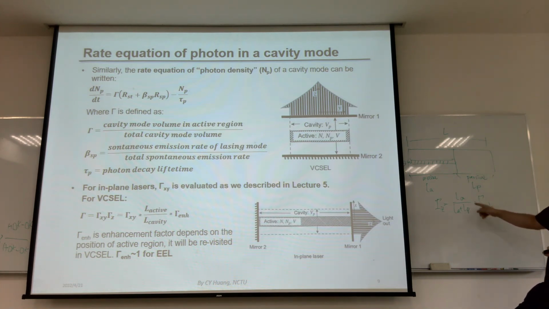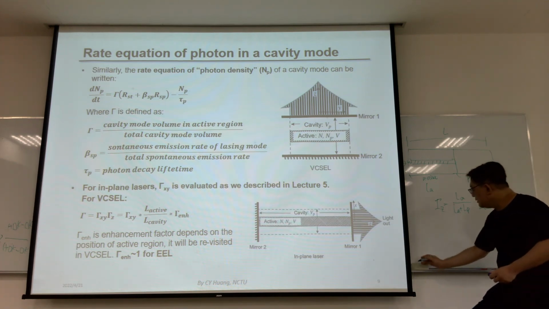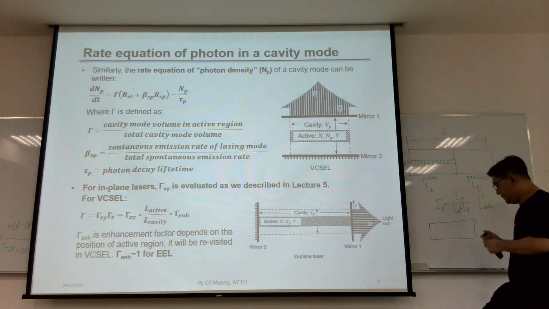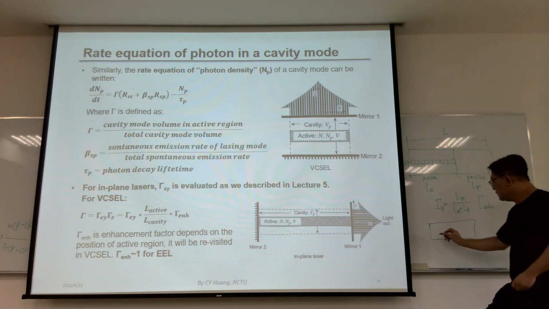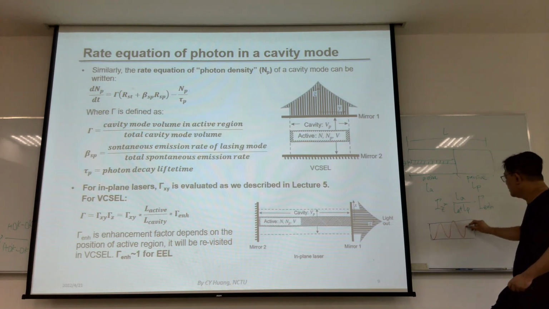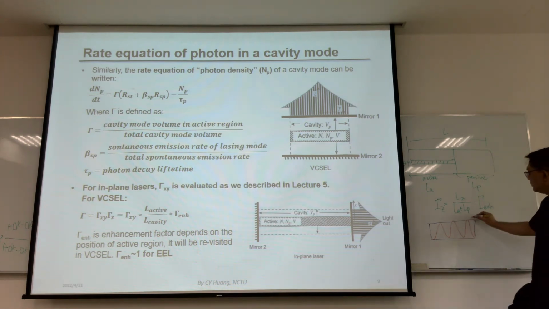But if your active region is at a node, for example, if you have a cavity like this, and this is your optical mode, probably this is E squared.